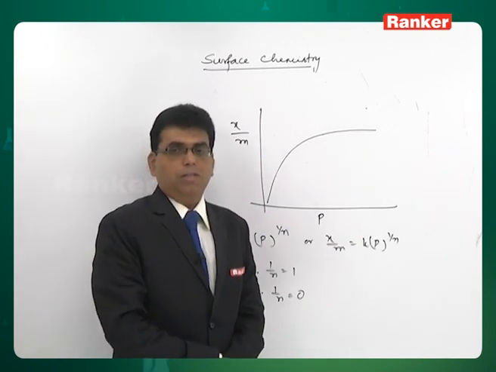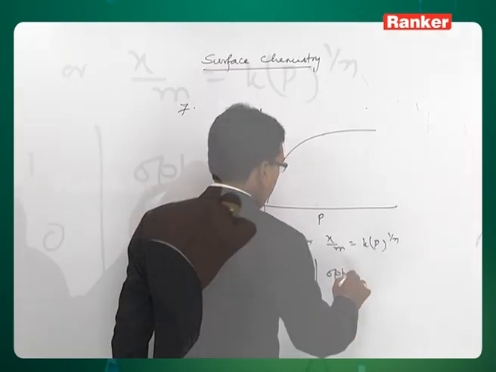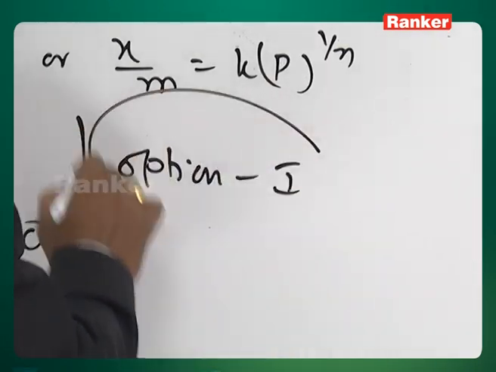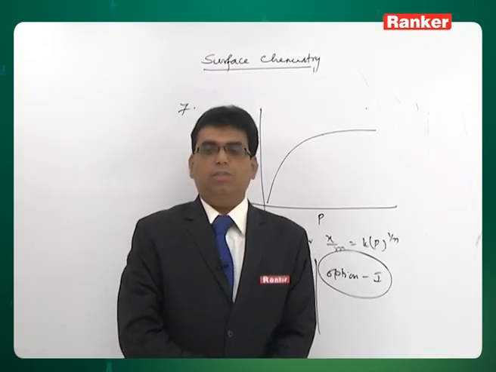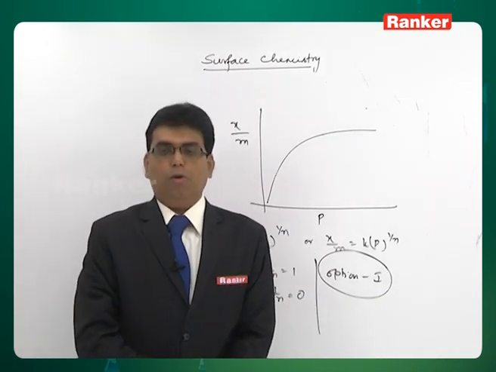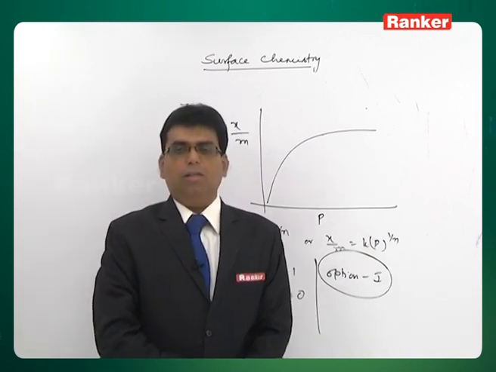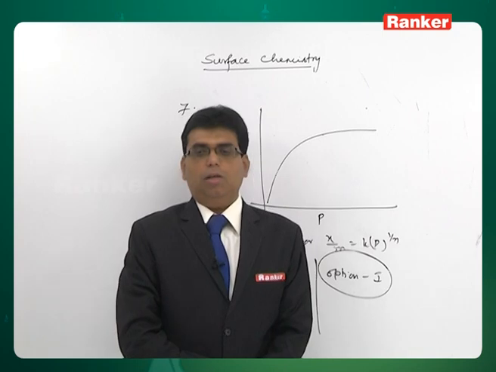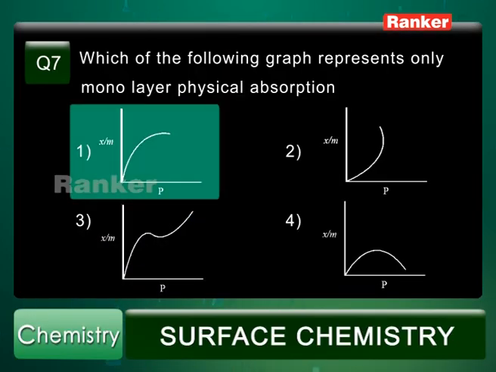So, option 1 represents this, and the correct answer is option 1. The other 3 graphs will not represent the monolayer physical adsorption. The second option is chemisorption, the third one is double layer physical adsorption, and so on. So, the correct answer is only option 1.